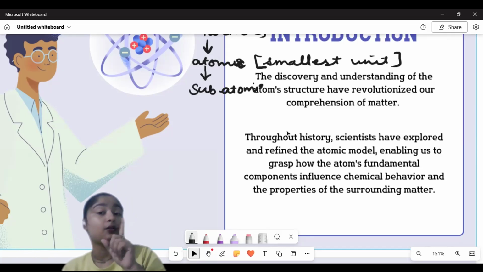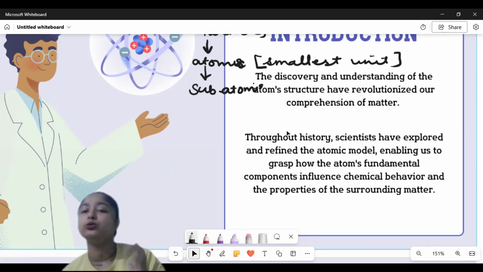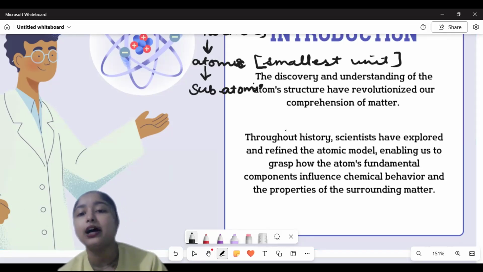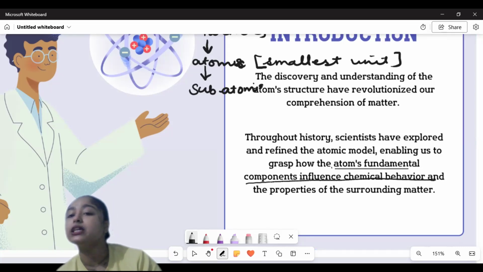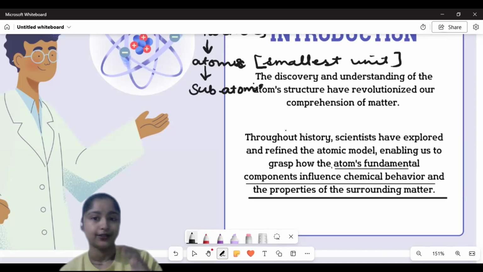So it's not like one tribe made this whole concept. The model has been refined by applying it to all the rules, and that enables us to grasp how the atom's fundamental components influence the chemical behavior and the properties of the surrounding matter.